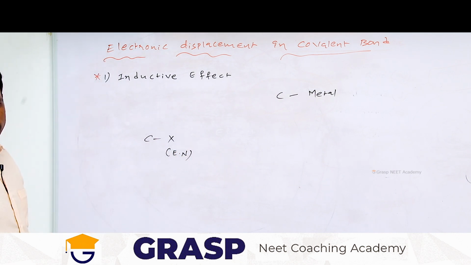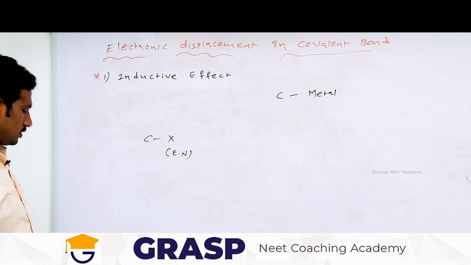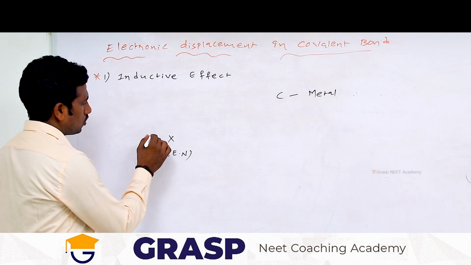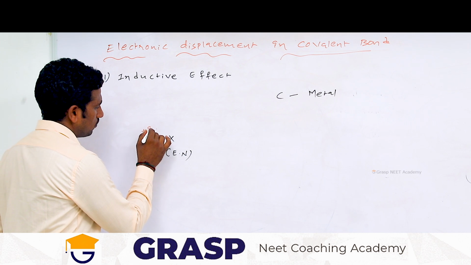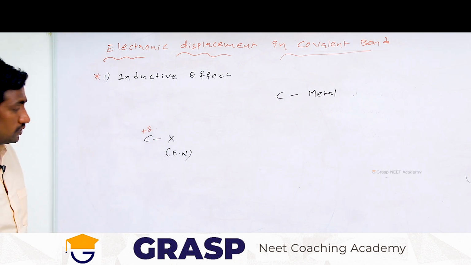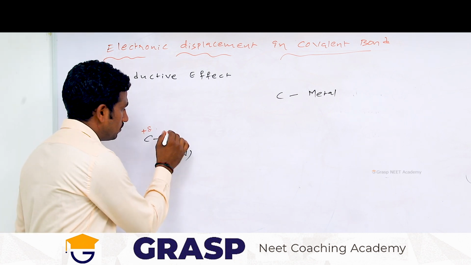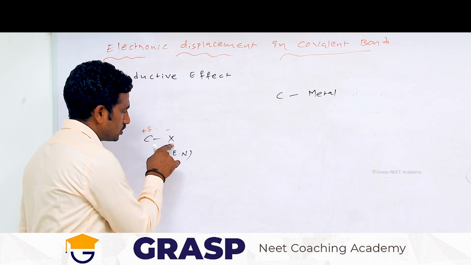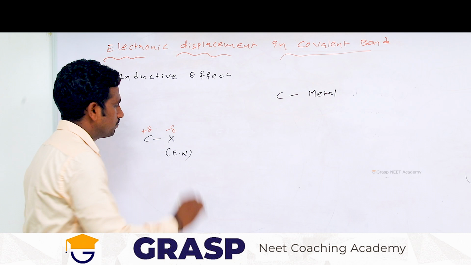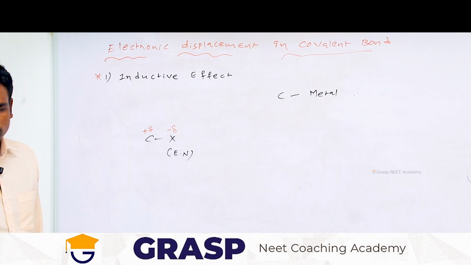So here I am taking two cases. In this case, carbon is getting a partial positive charge, and X is a more electronegative atom. It is trying to attract the shared pair of electrons in the carbon and this group bond. That is the reason this group is getting a negative charge.